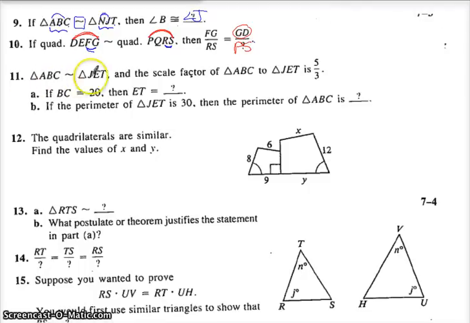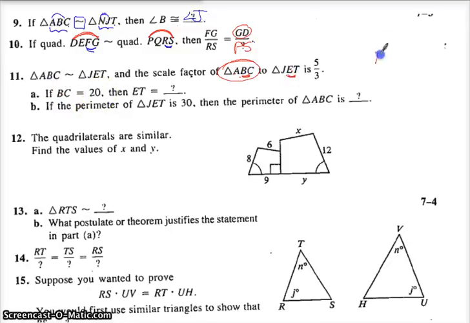If triangle ABC is similar to triangle JET, and the scale factor of ABC to JET is 5 to 3. So my understanding of scale factor, it means that this is the bigger triangle, right? It's a 5 to 3 relationship. So if BC equals 20, find ET.